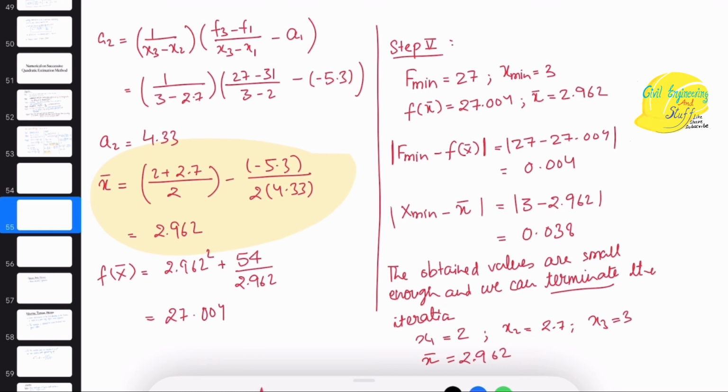And which of the following points is giving the minimum function value? The function point x3, right. The function point x3 is giving the minimum point, right. So since f of x3 is giving the minimum value, what we'll do, we'll say our point x3 is the point that will minimize the function.